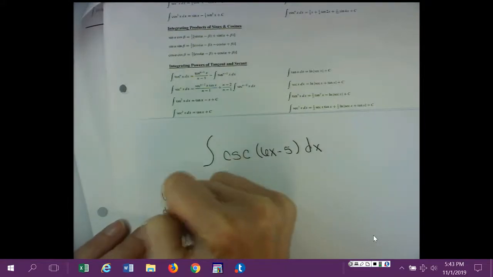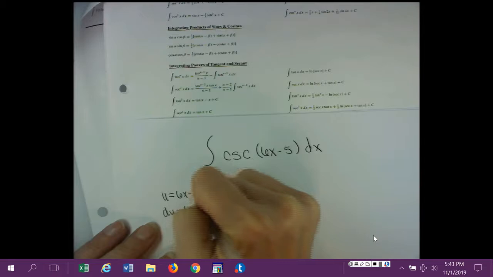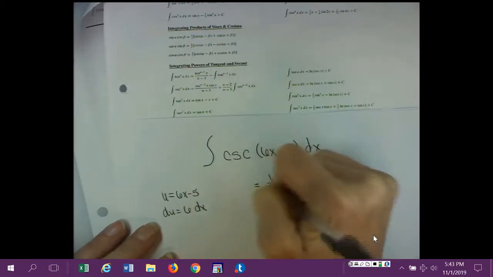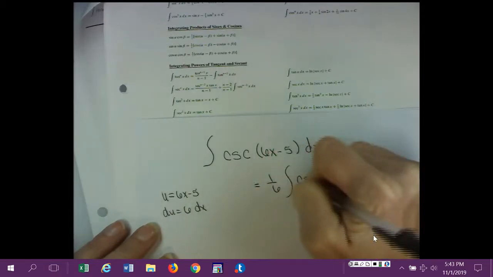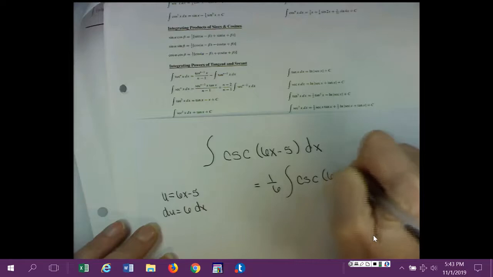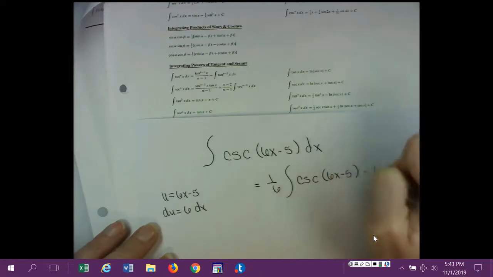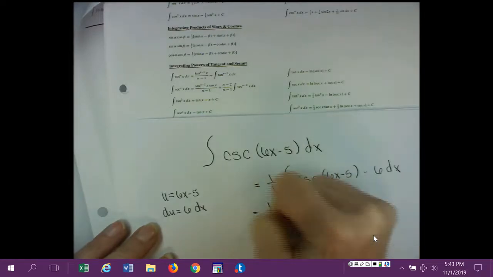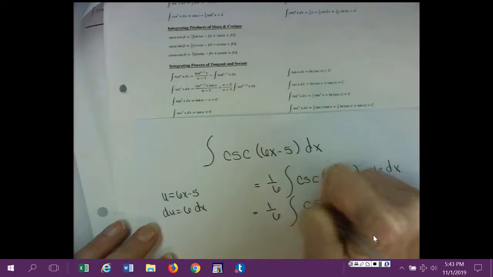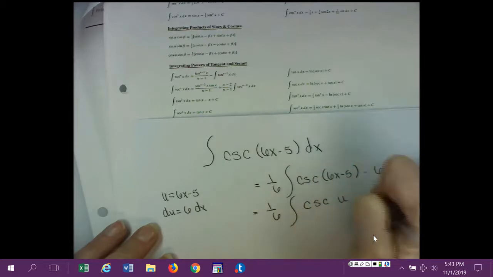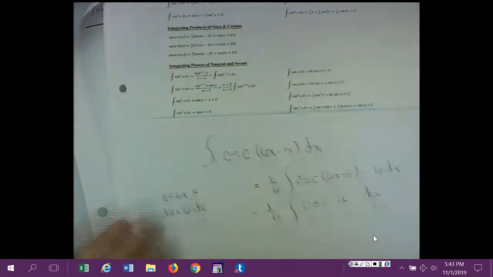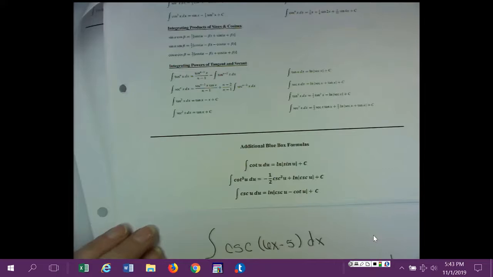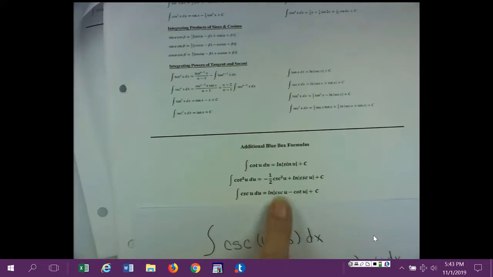Du equals 6 dx. So you would put a 1 over 6 on the outside and a 6 on the inside and change this over to u, so that you can go to a blue box special. And again, you're going to have to know where to find these. There's your blue box special.